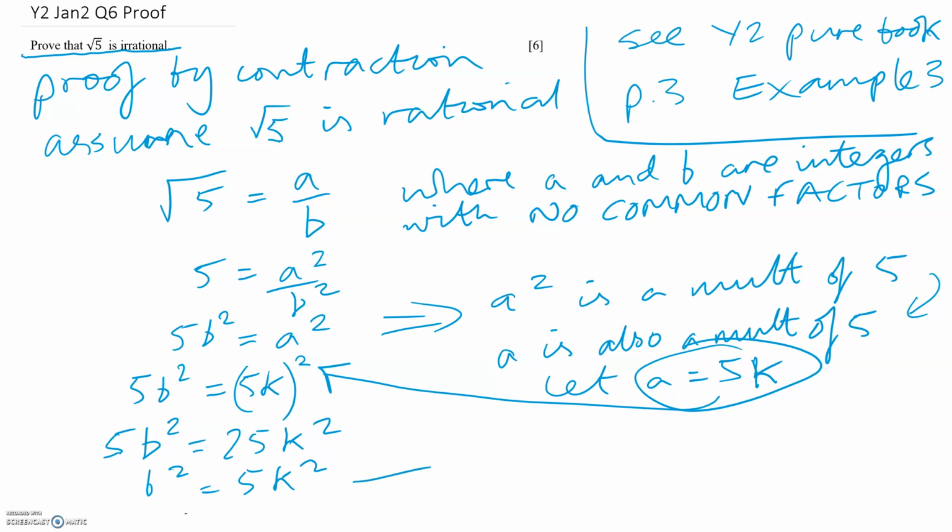Now that means that b squared is a multiple of 5.